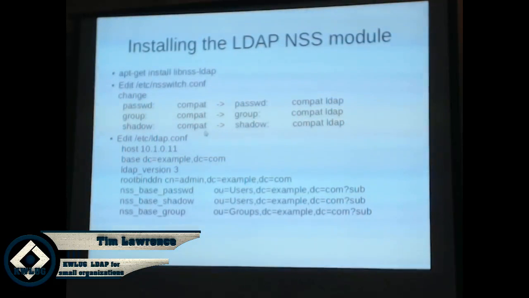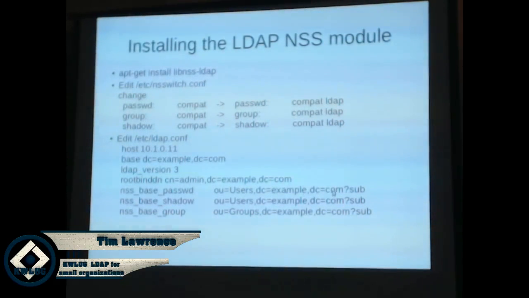Okay, cool. So I'm going to install this module, and then I'm going to configure the LDAP configuration, because this module uses LDAP, so I need to tell that module where to find information. I need to tell it the LDAP server to look on, what the base of that server is, where to search in that server, a user account to connect to that server with, and I also need to tell it where to find the password information, the shadow information, and the group information.